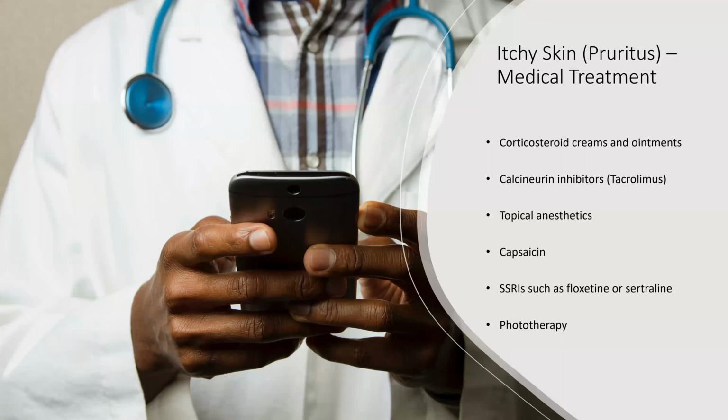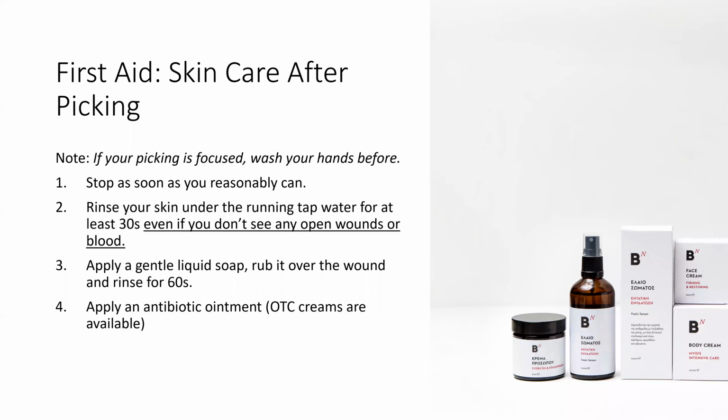They can prescribe topical anesthetics, although only in specific areas of your body. So you have to use them in limited areas, and make sure that you don't use them near your eyes, for example, or mouth, or any of the gentler tissue. Capsaicin can help, and phototherapy can also be helpful, although for most people, these will not necessarily be something that you have to use.